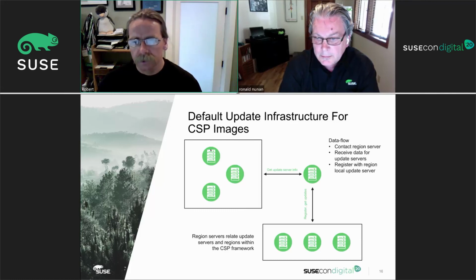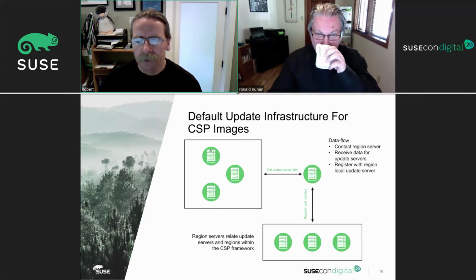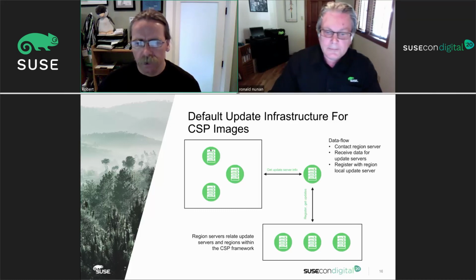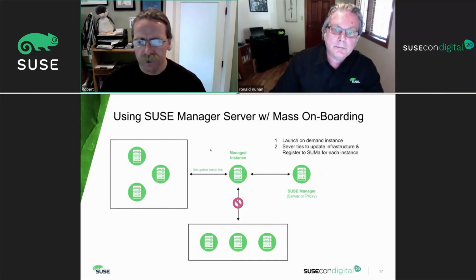So when you start an instance today, which is that single machine dot, the instance will first reach out to the update infrastructure, to the region servers, get information on where the update servers are in that region, and then register against those. This is the basic data flow of the update infrastructure that we operate for on-demand instances.